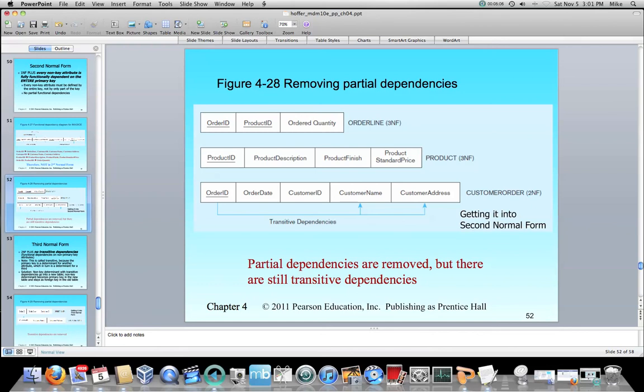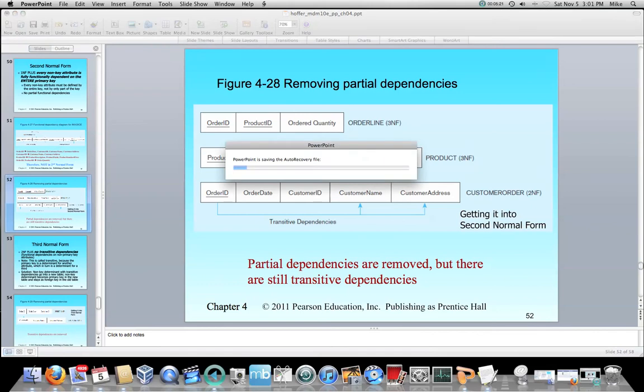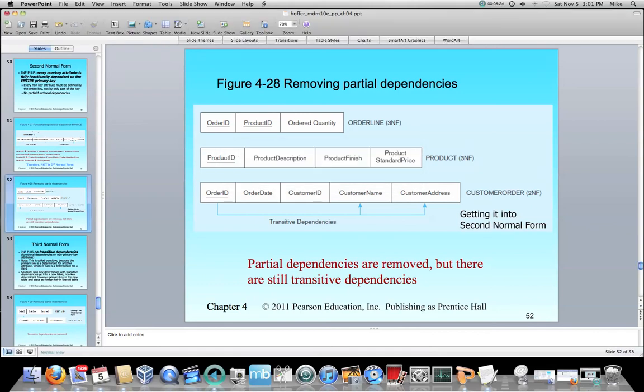The customer order, which is the last one, is only in second normal form because it still contains a transitive dependency, which is the customer name and customer address being identified not only by customer ID but also by order ID. So the partial dependencies are removed, but there are still transitive dependencies. But that's how we get into second normal form.